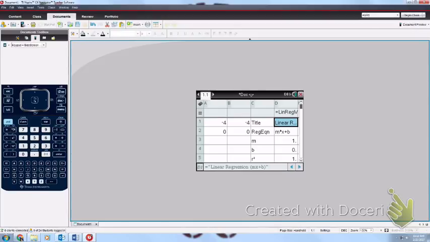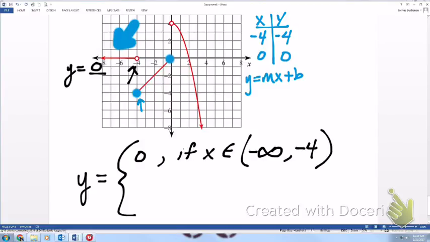And here you'll see that X has a coefficient of 1 and B is equal to 0. So our equation that we just generated was y equals 1x plus 0.